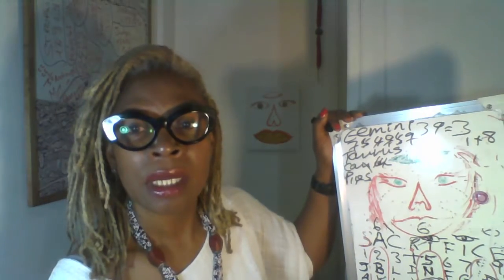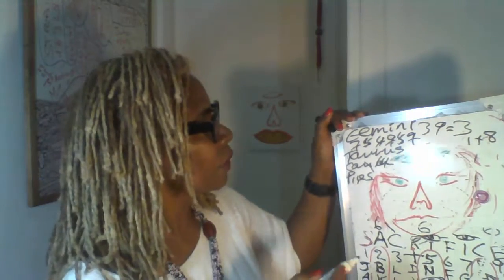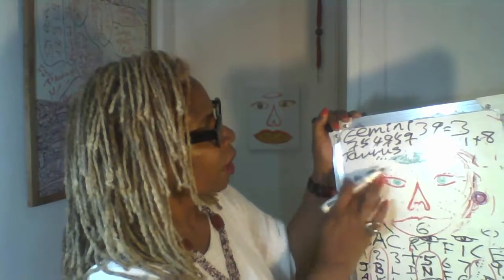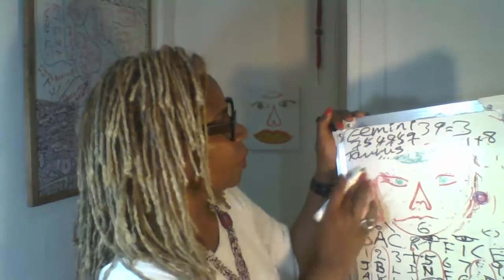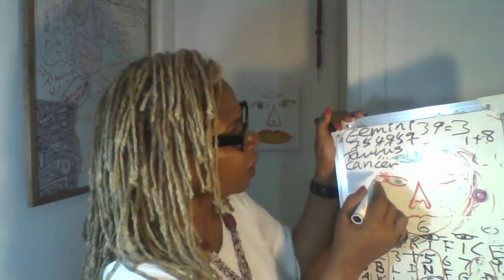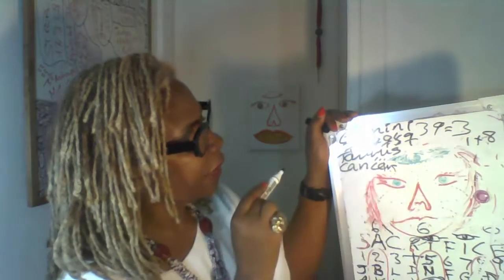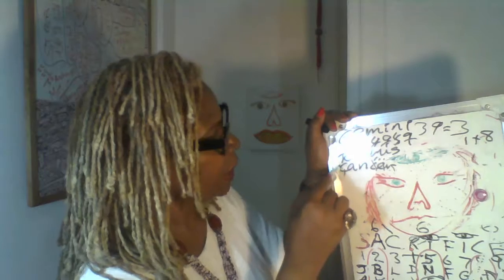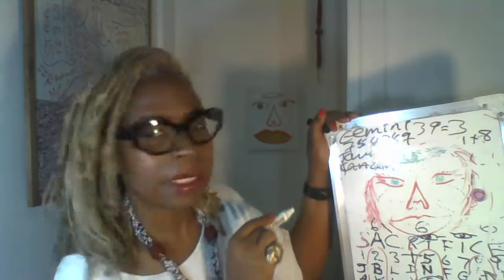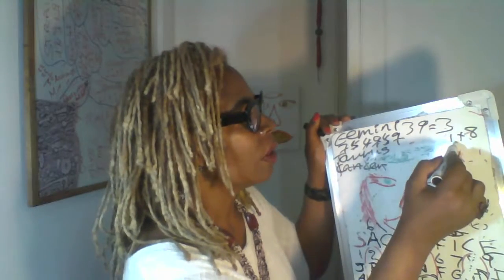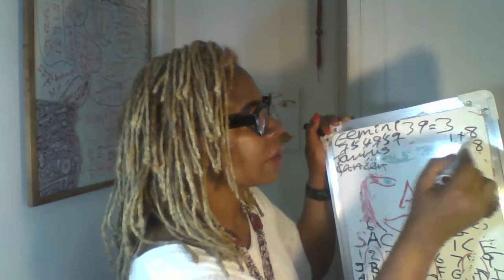Cancer, I thought Cancer was, Pisces is 8. We know that, we got that. Cancer, that's 9 and 5. 14 and 3, 17, 18, 19, 20. So that's 26. I don't think I got that with, so 26 is 8.